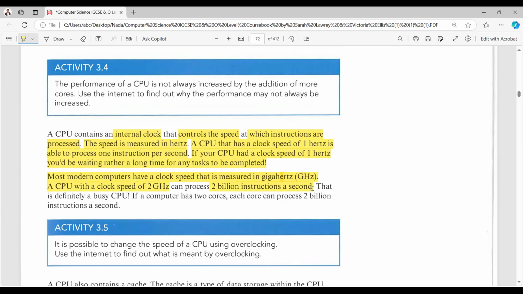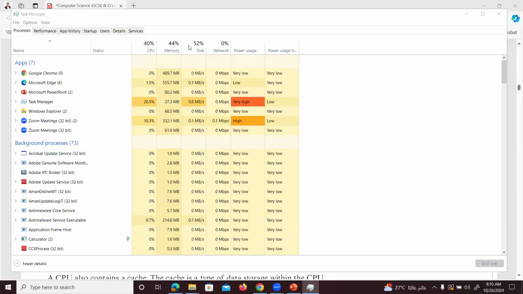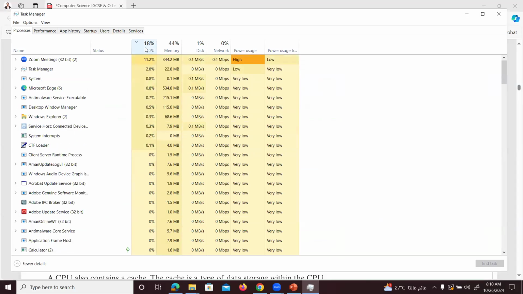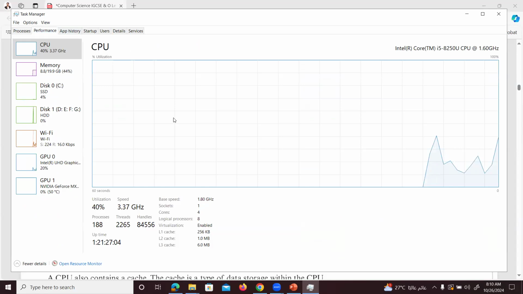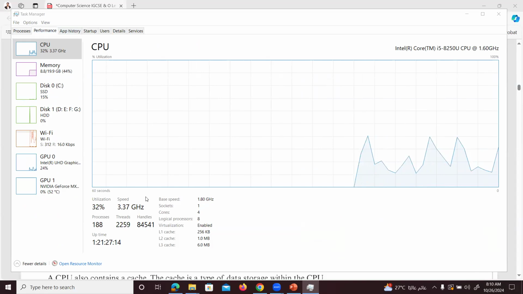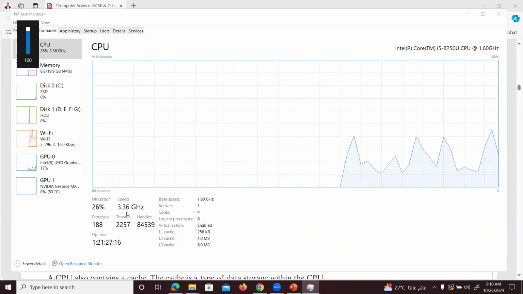For example, as you can see in my Task Manager, here I have the usage of my CPU, and when I click on this CPU or go into the performance tab, you can see the speed of my CPU. It says that my processor's starting speed is 1.60 gigahertz, and it goes up to 3.37 gigahertz.